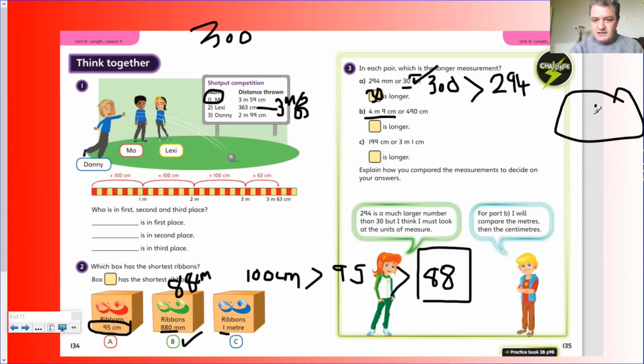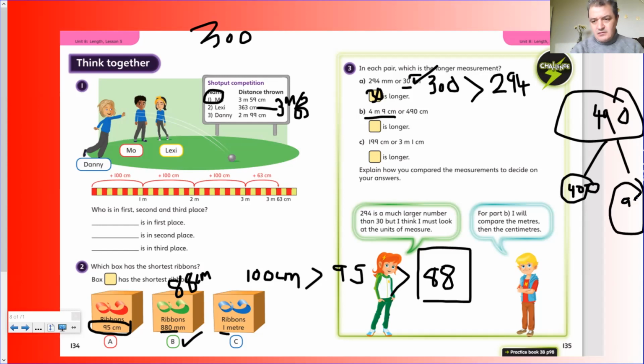We've got 490, which is going to be made up of 400 and 90 here.